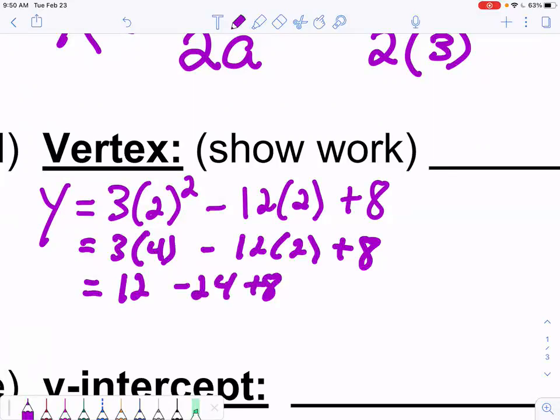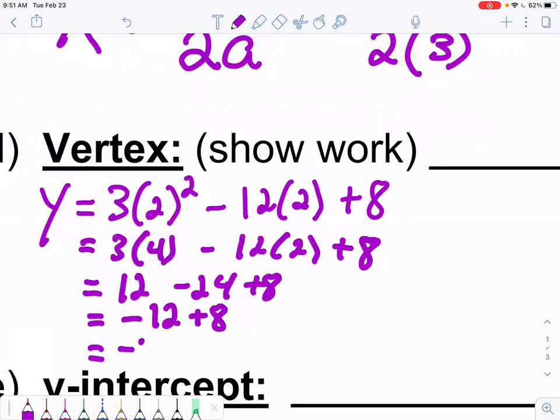Good. Now we're going to add and subtract left to right. 12 minus 24. Anya, what is that? -12. Good. And Michael, what would be your final answer then? Y equals?